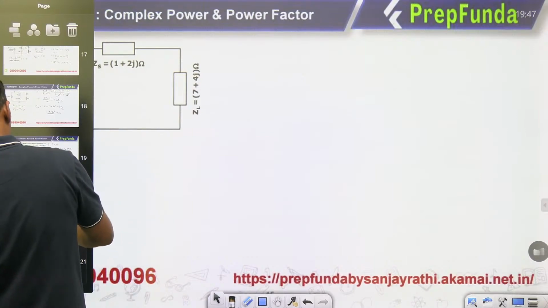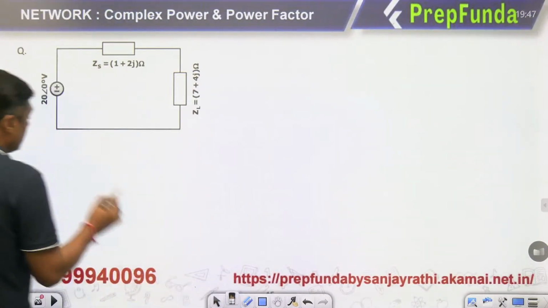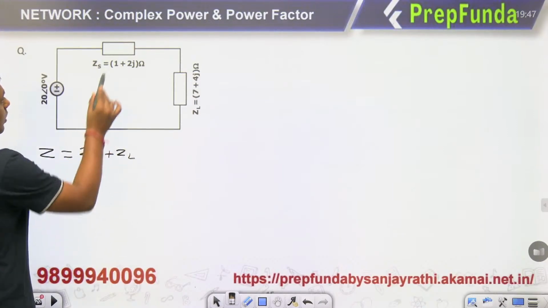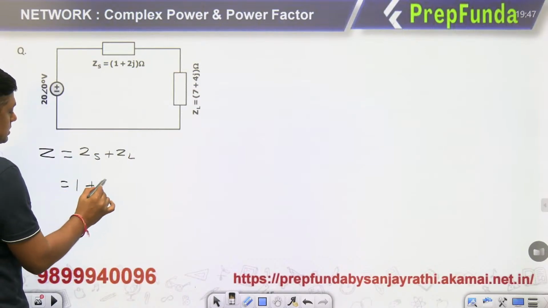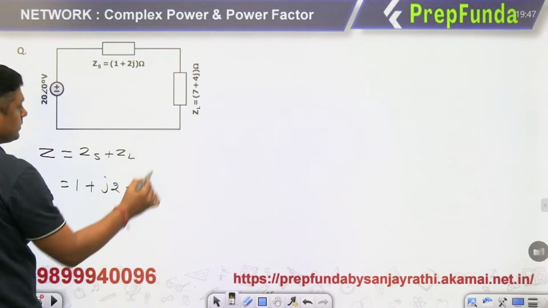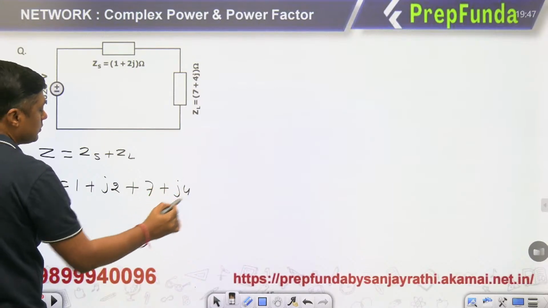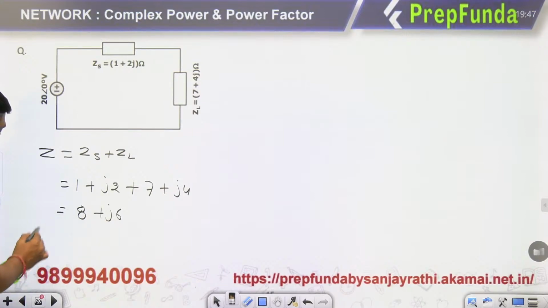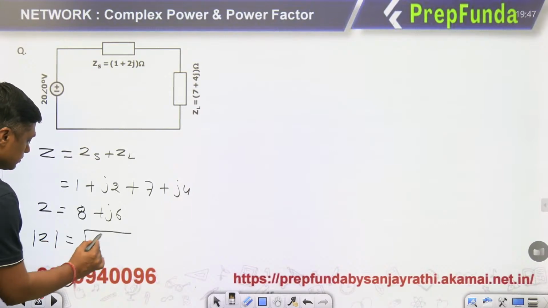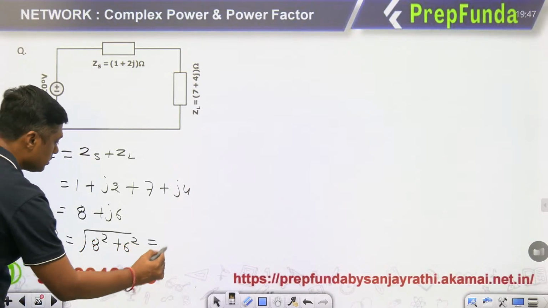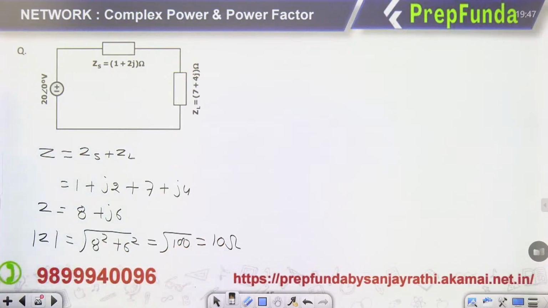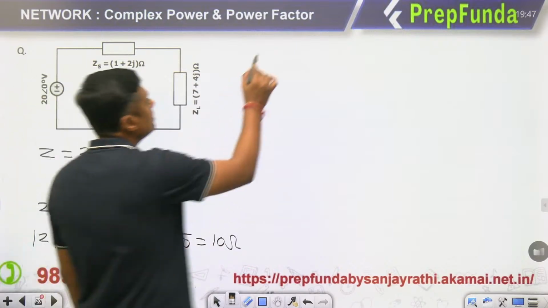Now watch this. What is the total impedance? ZS plus ZL. What is the ZS? 1 plus... Okay, Z. What is the magnitude of Z? 10 ohm. What is the angle?